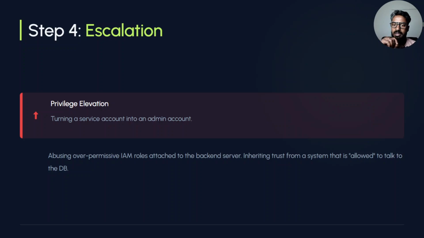In the new system, permissions are broader. Maybe an IAM role is over-permissive, maybe authorization checks are weak, or maybe the trust is simply inherited. Now they can access more than what was intended. They're not breaking anything, they're using what already exists.